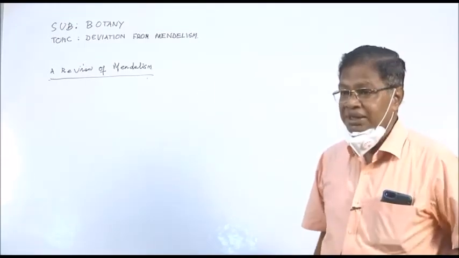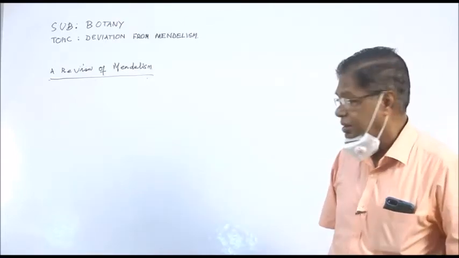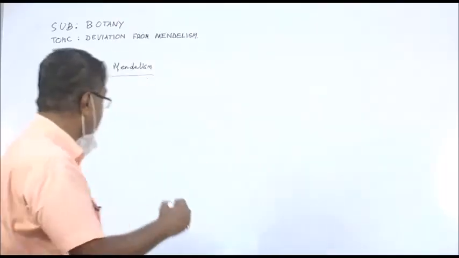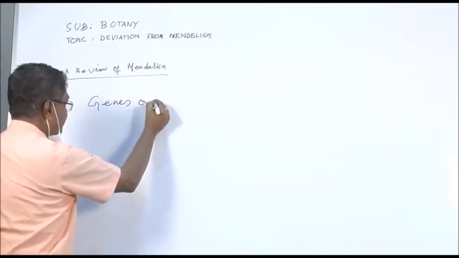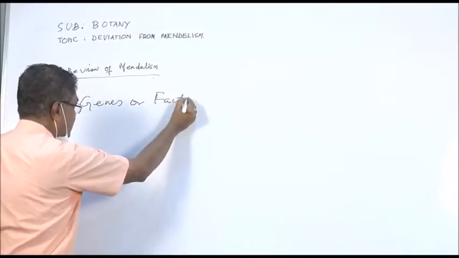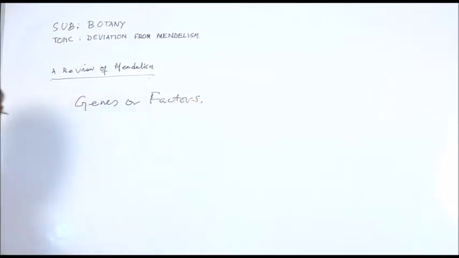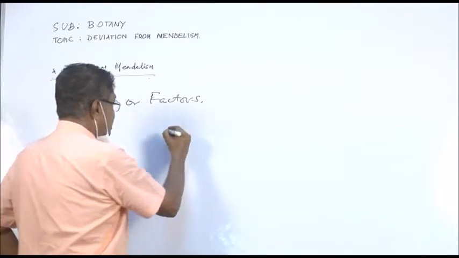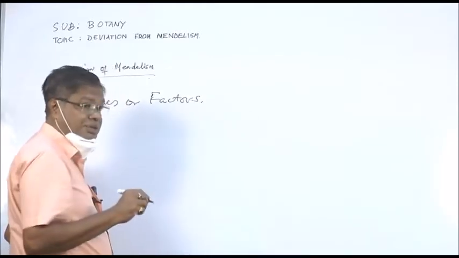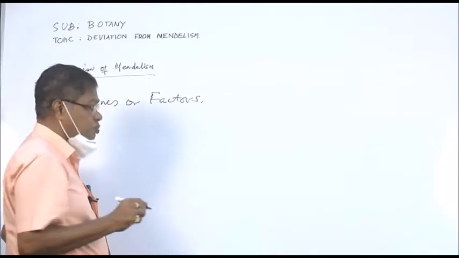Mendelism is the inheritance of characters. We know that characters are inherited by what are known as genes or factors. Mendel designated genes as letters, capital letter and small letter.